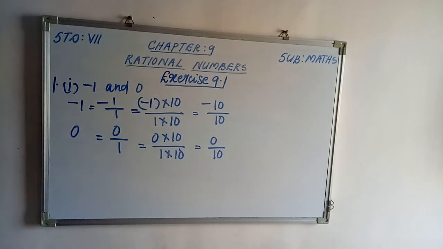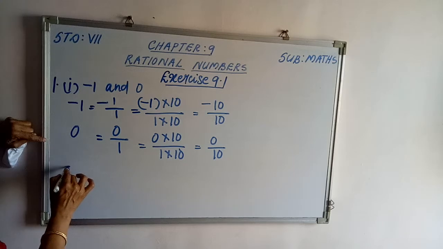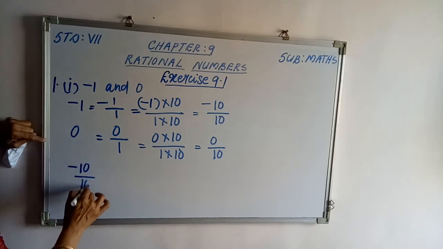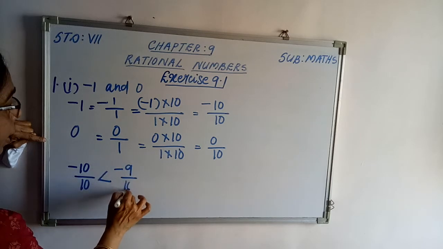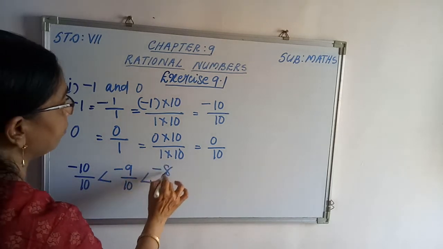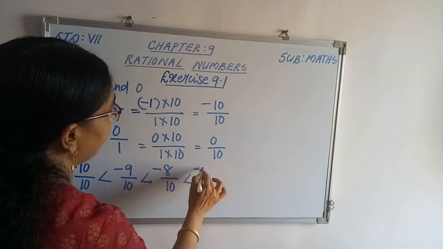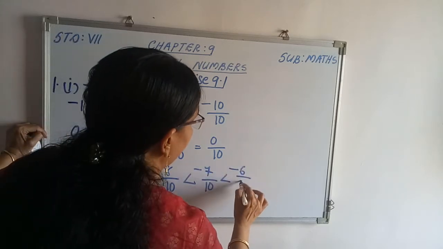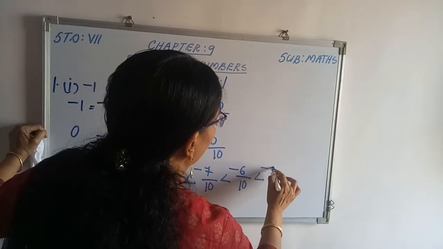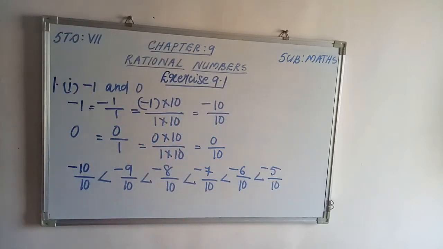Which are the 5 rational numbers? That is minus 10 upon 10, which is less than minus 9 upon 10, less than minus 8 upon 10, less than minus 7 upon 10, less than minus 6 upon 10, minus 5 upon 10.